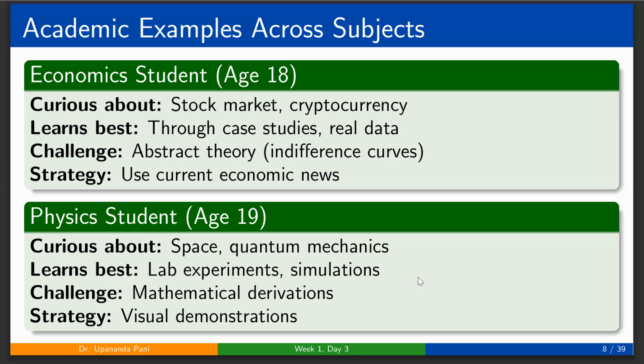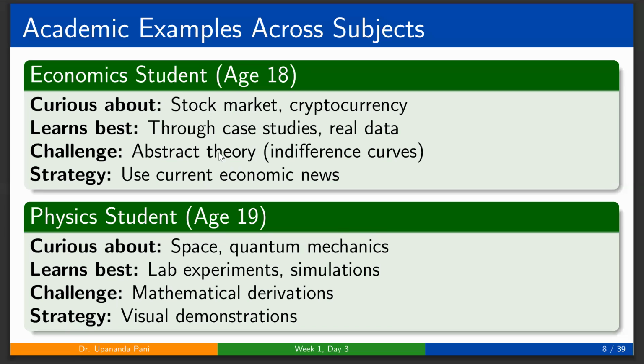Now, let's see some of example how across different subjects. Suppose, for example, you are teaching economic students. The age is 18. So they are curious about stock market, and let's say that what is cryptocurrency.